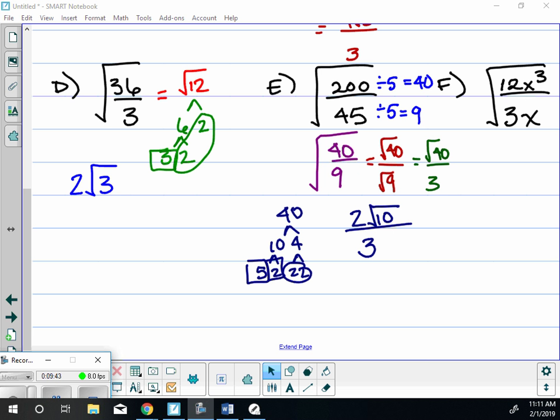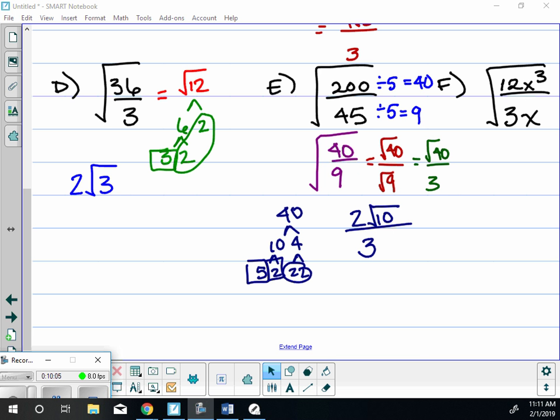So if we have variables inside a square root and there's 2 of them, we can pull out that pair. If there's an odd number, some of them are going to have to stay inside and some can come out. But always start, when we're dealing with a fraction, by simplifying that fraction.